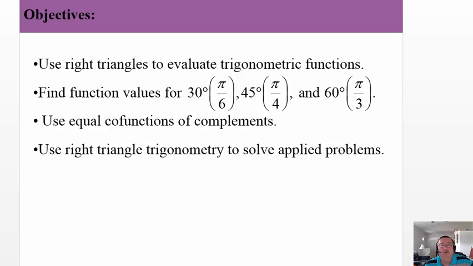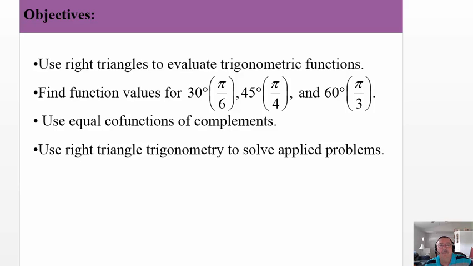And in this video, we're going to study the following objectives. We're going to use right triangles to evaluate trigonometric functions. We're going to find the function values, which we kind of touched on in our first 2 videos as well, of 30 degrees, 45, and 60 degrees, or pi over 6, pi over 4, pi over 3 in radians, and their relationships.